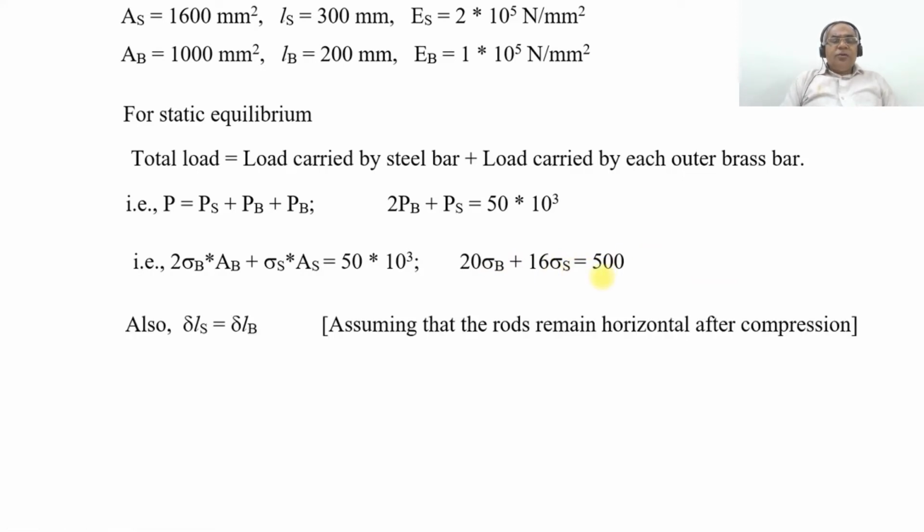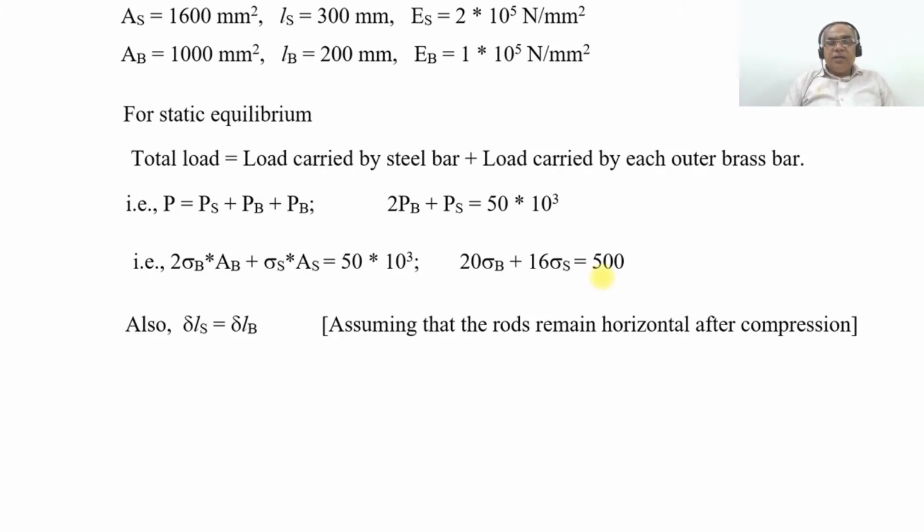Also, as the rigid bar is touching the top surfaces of the two brass bars and one steel bar, the deflection is going to be uniform for both the steel bar and the brass bar.